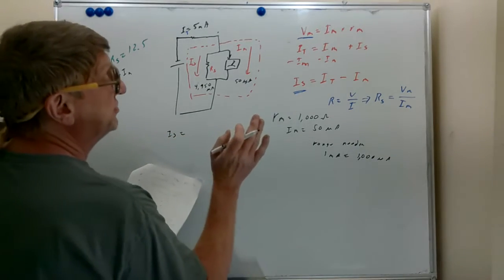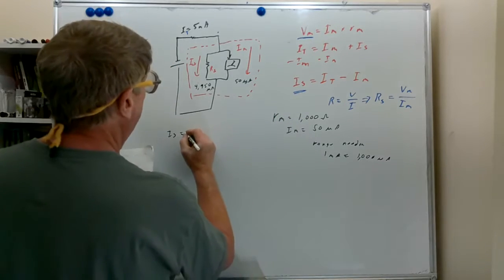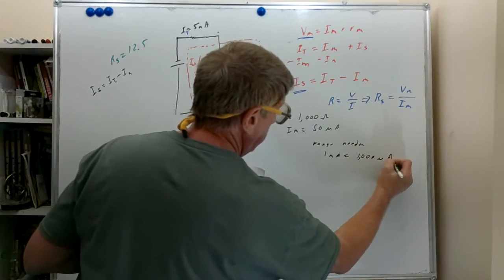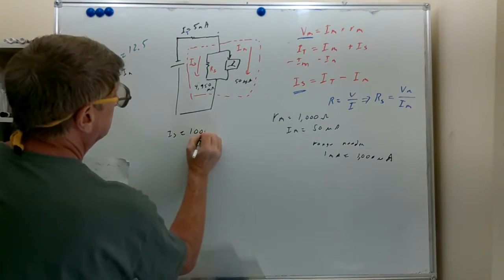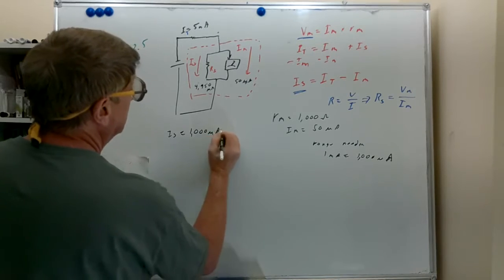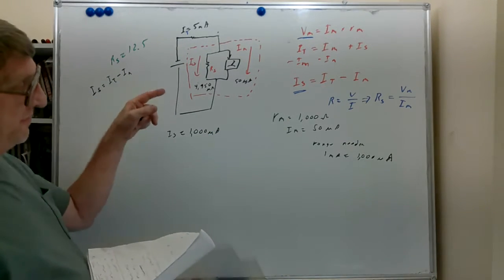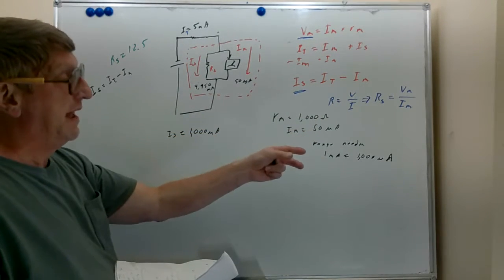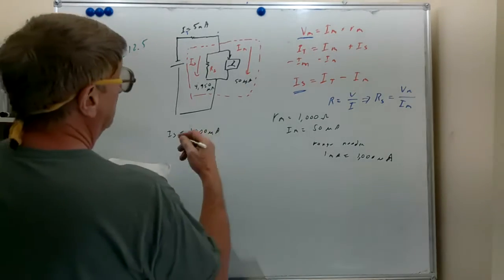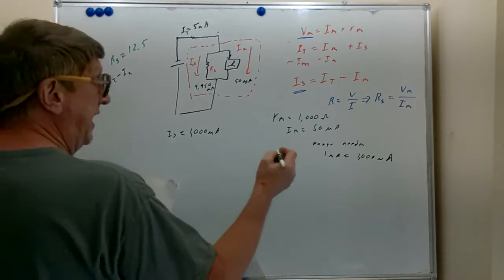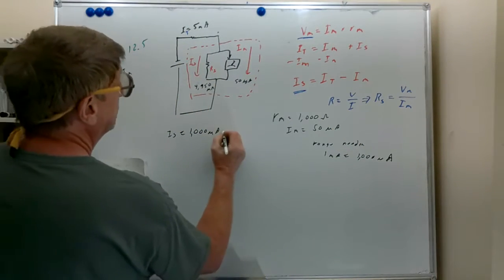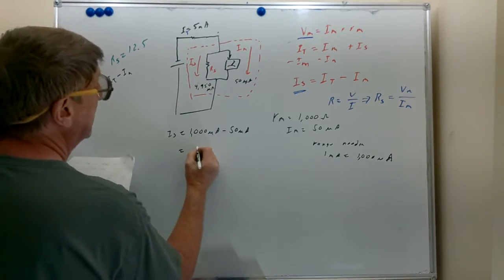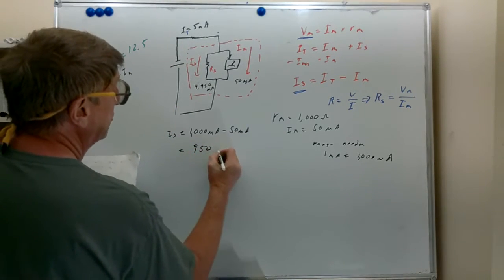We have IT given to us, which we want to measure: 1 milliamp or 1,000 microamps. And we want to subtract from that the current to the meter, which we're given. This is full scale deflection. We're setting it up to get a 50 microamp meter to work for a 1 milliamp measurement. So we subtract 50 microamps, and that leaves 950 microamps for RS.